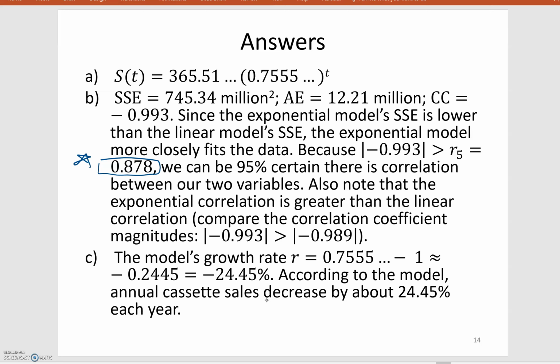In terms of comparing this to the linear model, the exponential model in this case is better in practically every way: in the correlation coefficient, in the SSE, and the average error. So there's no doubt that the exponential model is a better fit than the linear model. Of course, that's not always true. It's just true in this case.